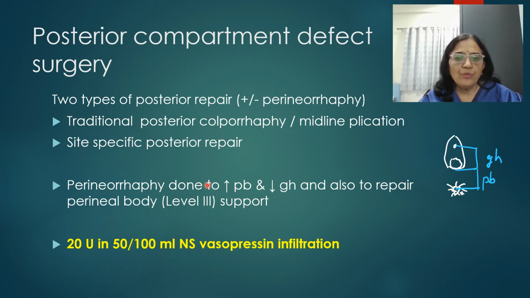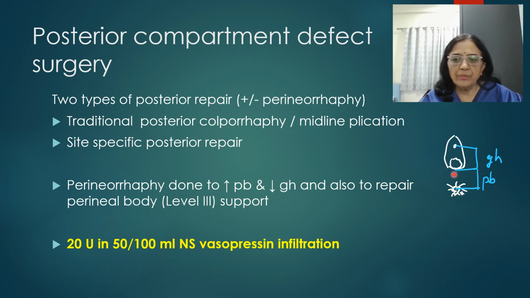In perineorrhaphy, what we want to do is increase the length of the perineal body and reduce the dimension of the genital hiatus. Genital hiatus is from the mid-urethral point to the fourchette, whereas perineal body is from the fourchette to the mid-anal orifice point.